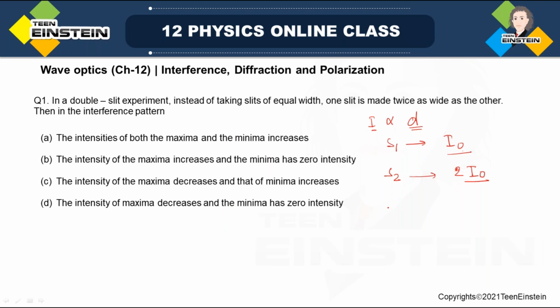In the maxima, the intensity of the incoming light will be added up. So it will be I0 plus 2I0, or let us say 2I0 plus I0.